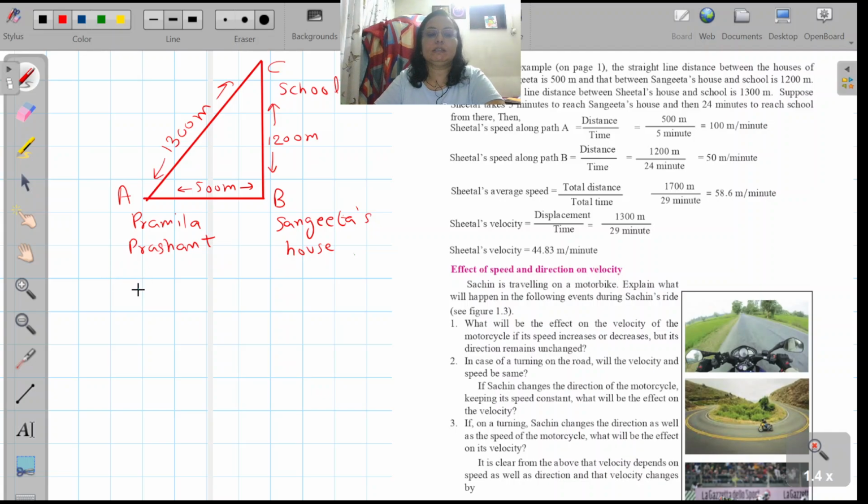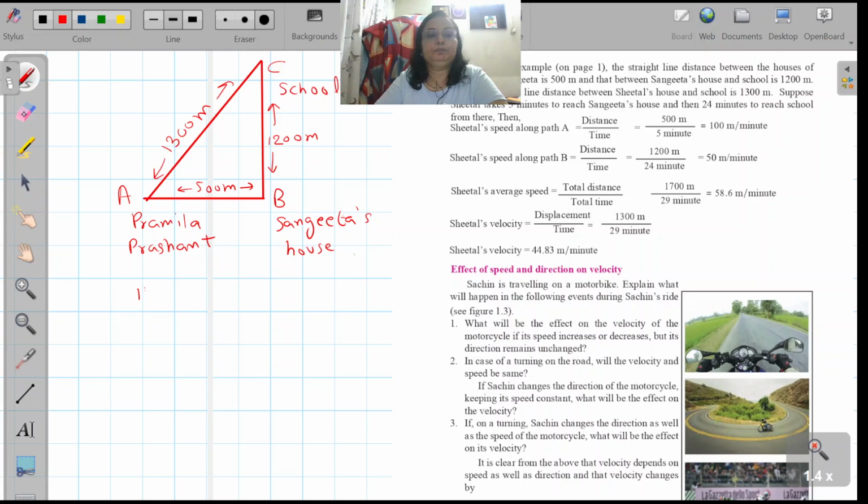If they both traveled with the same speed, then Prashant of course is going to take less time to cover the distance of A to C, whereas Pramila is going to take more time to cover a distance of 1700 meter.